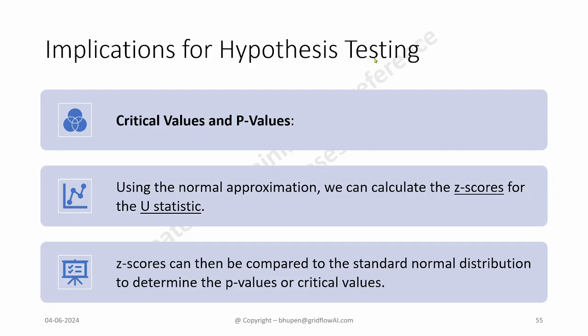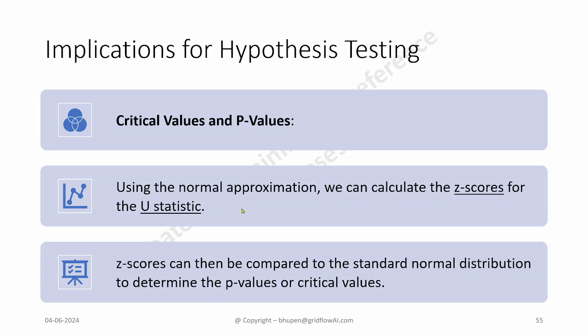So the implications for hypothesis testing in this case will be how the critical values and the p-values will change because of the mean and standard deviation. If they change, then the shape of the distribution changes, and hence the critical values will also change. So we need to determine the critical values from this distribution using the alpha, or significance level, that you have set.